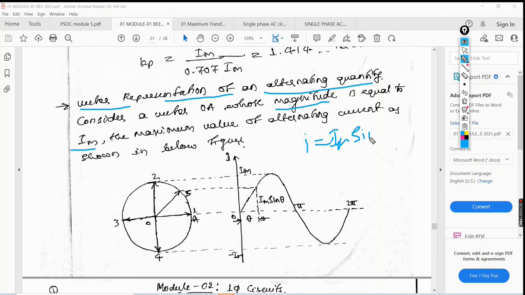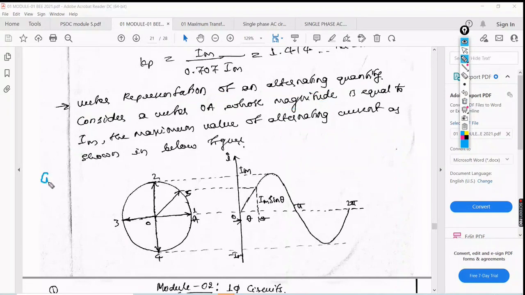You have to remember this. If it is voltage, v is equal to Vm sine omega t. That is the instantaneous voltage. Corresponding to that, for evaluation, what are the topics I have considered?